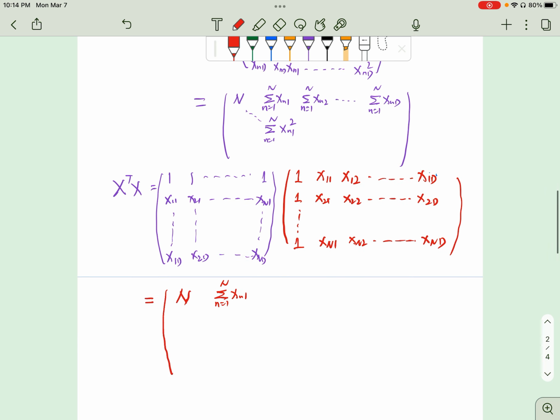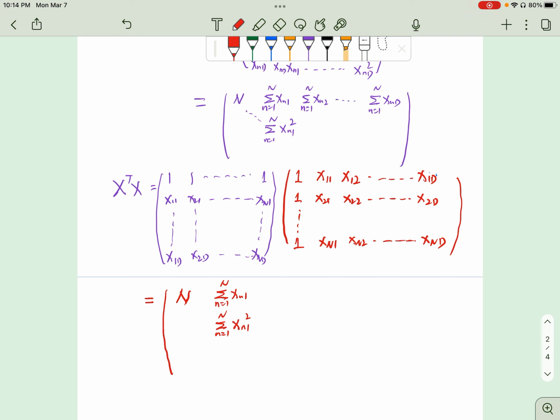Okay, we can compare one more. If you use this second row to multiply with the second column here, what you will get here? You will get summation from n equals 1 to n of xn1 squared.